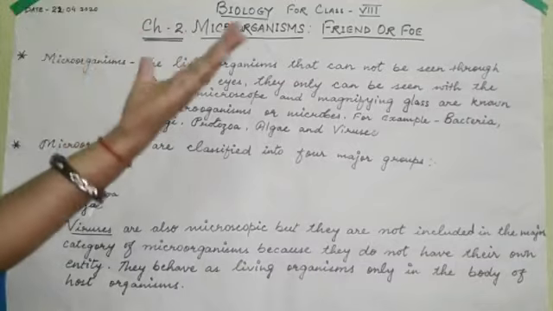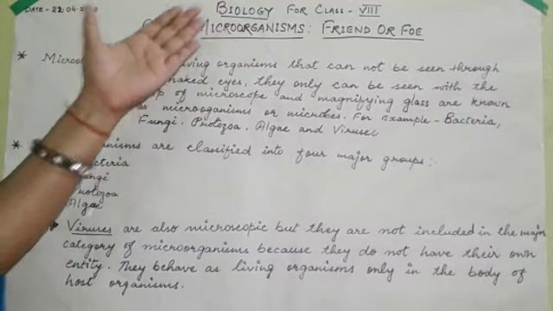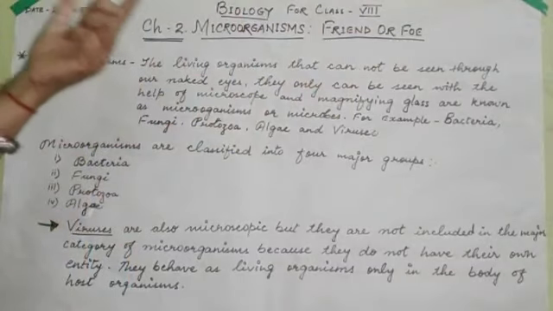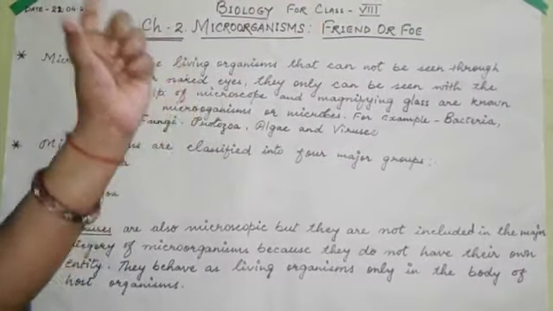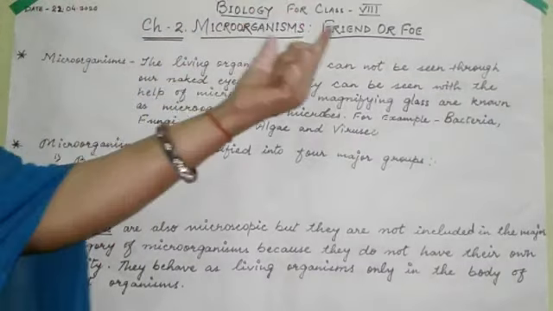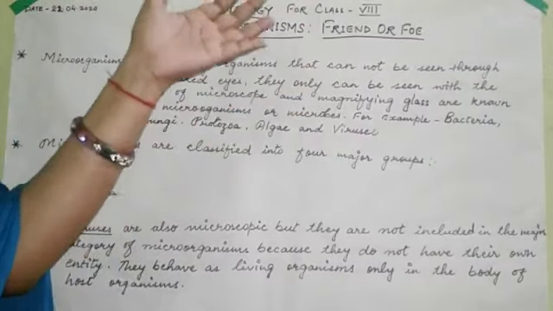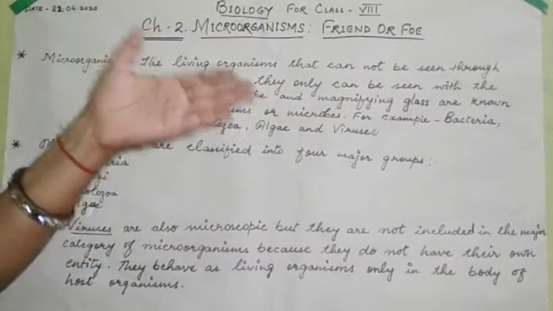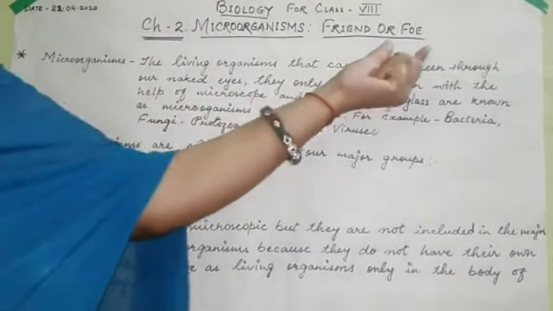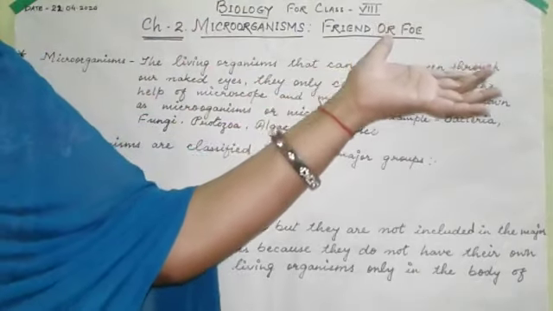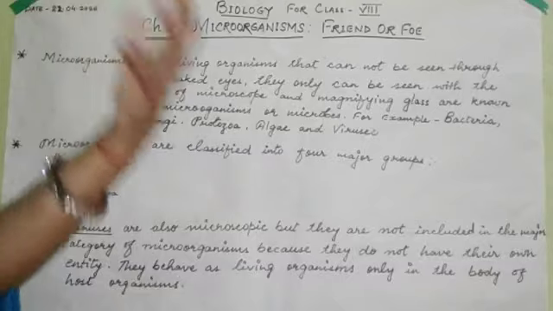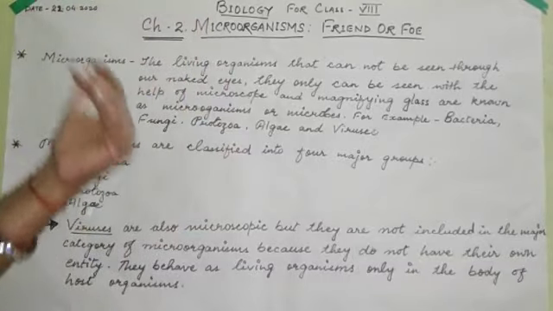And microorganisms can be friend or foe. This means the beneficial microorganisms act as our friend, and the microorganisms which are harmful for us are known as foe, the enemy, which spread diseases among human beings, plants, and other animals.